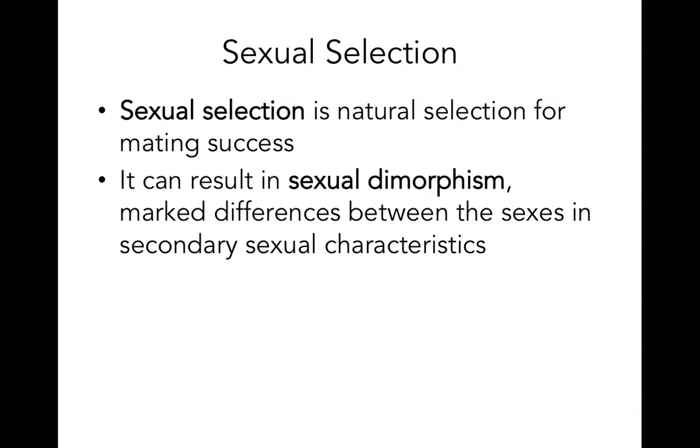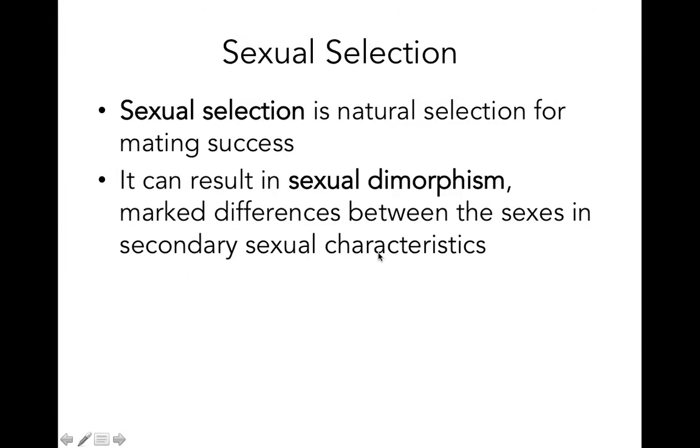A whole other stipulation of the Hardy-Weinberg equilibrium is random mating. Random mating in animals rarely occurs, so far as we know. We know that there is often a degree of sexual selection, that organisms choose who they're going to mate with. This leads to things like sexual dimorphism, meaning that the two sexes have very different characteristics.